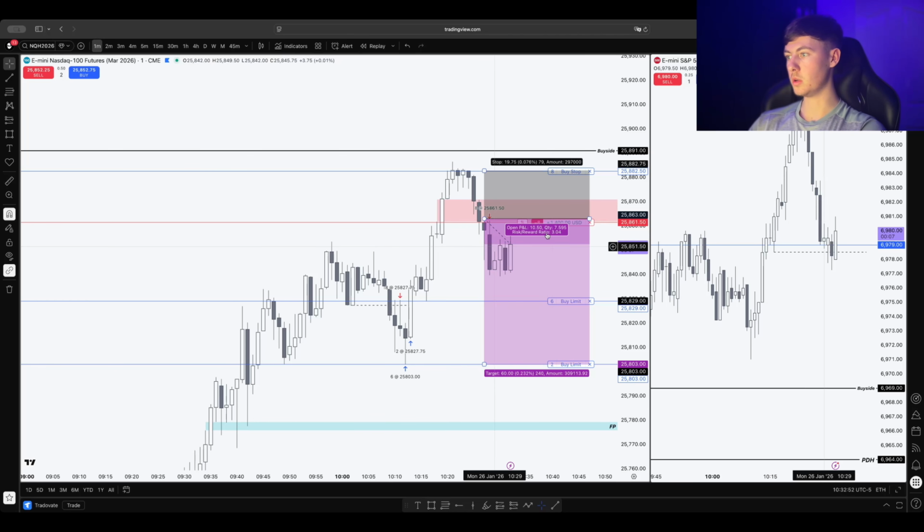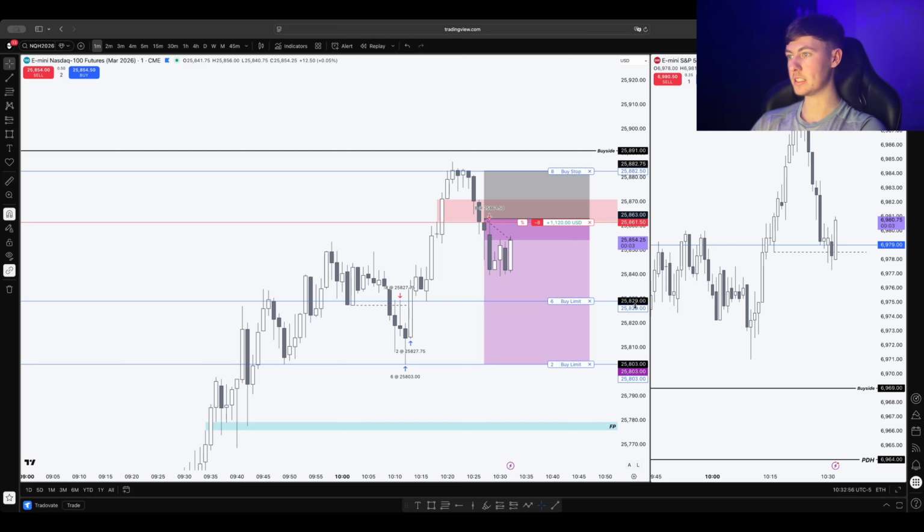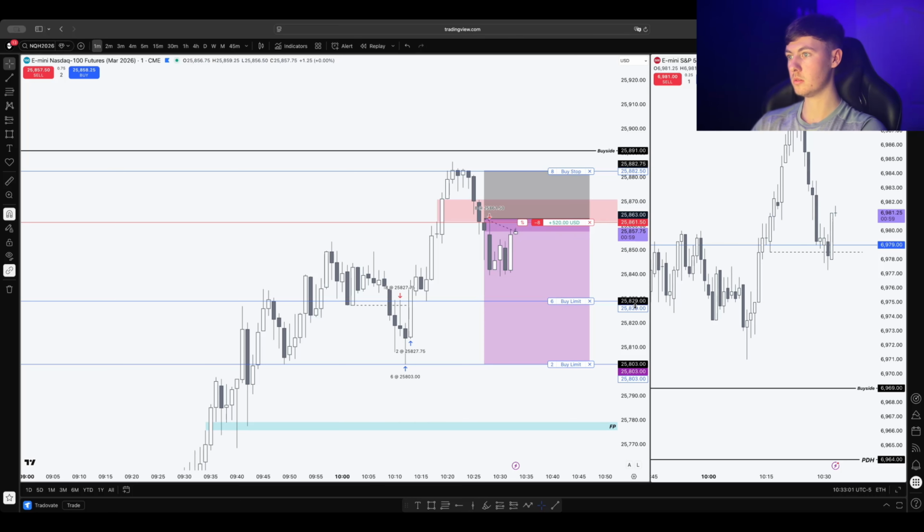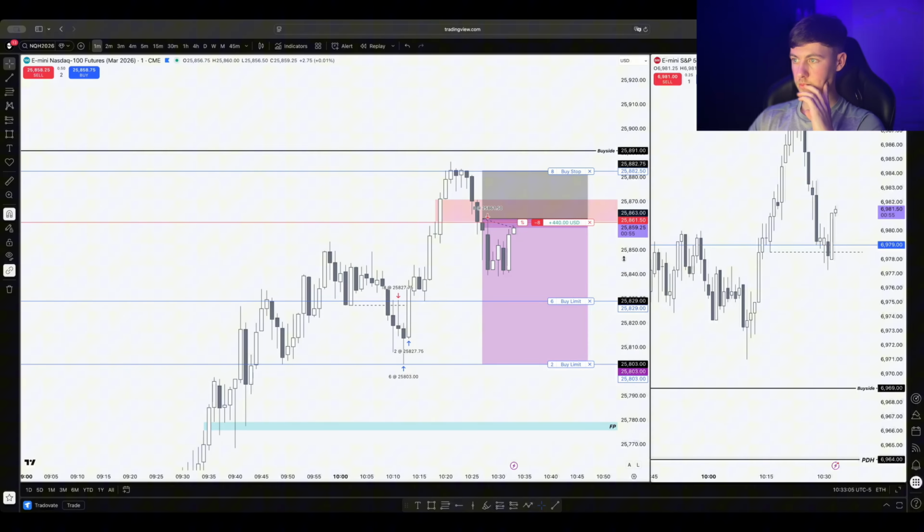We also have new week opening gap below price as well. And usually regular trading hours likes to revisit the new week opening gap. Okay, just retested the inversion gap there on the 1 minute.